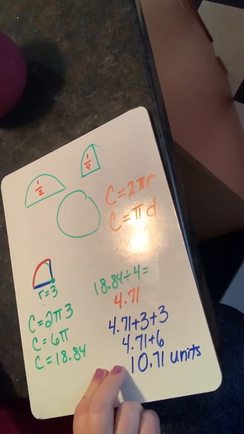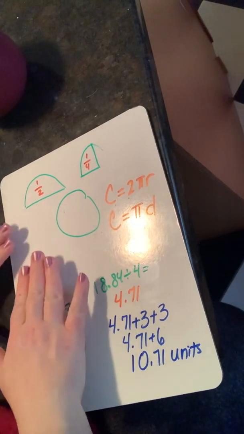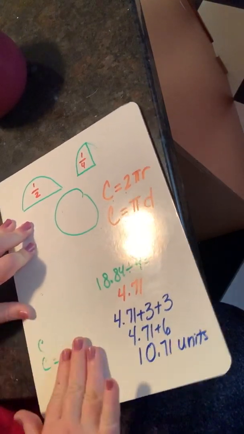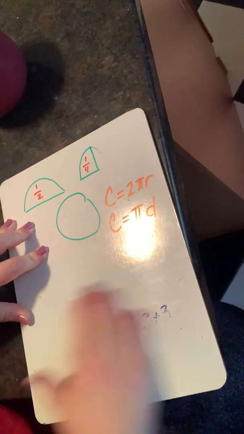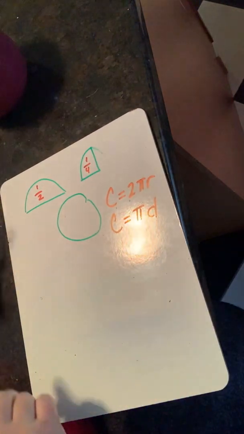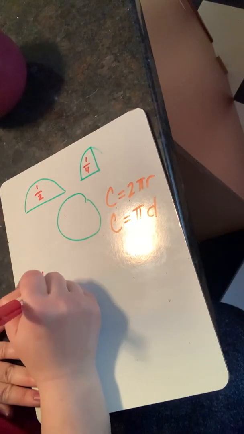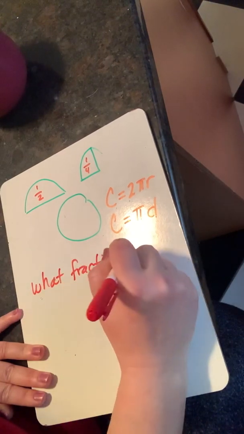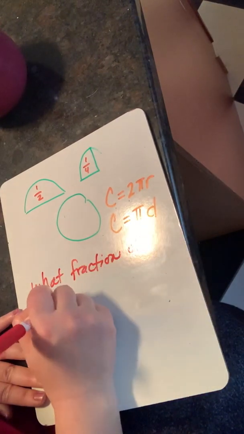So when we're trying to figure out the perimeter of our half circle, our semicircle, and our quarter circle, first you have to figure out what fraction of the circle it is.